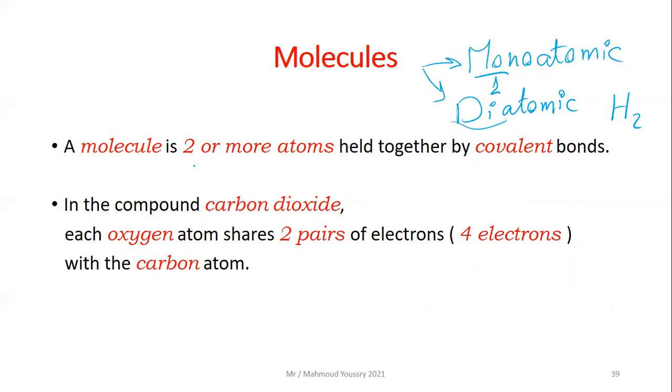So what is a molecule? A molecule is 2 or more atoms held together by covalent bonds. So in the compound carbon dioxide, each oxygen atom shares 2 pairs of electrons, which are 4 electrons, with the carbon atom.